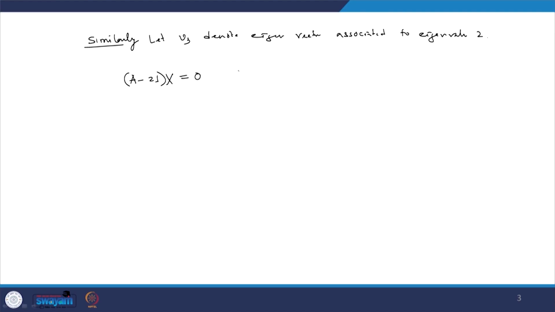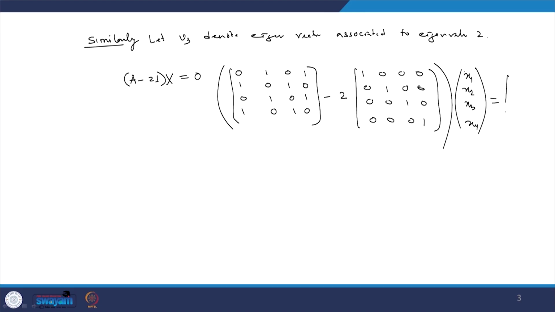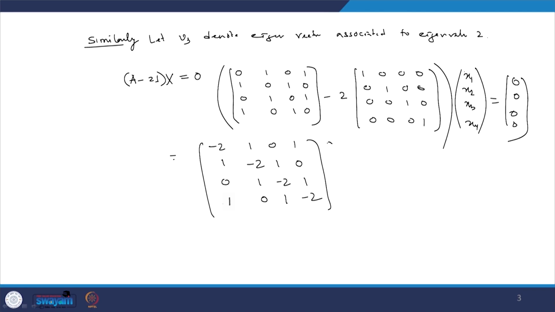This gives the matrix 0 1 0 1; 1 0 1 0; 0 1 0 1; 1 0 1 0, minus 2 into the identity. So I am getting minus 2, 1, 0, 1; 1, minus 2, 1, 0; 0, 1, minus 2, 1; 1, 0, 1, minus 2, into x1, x2, x3 and x4.